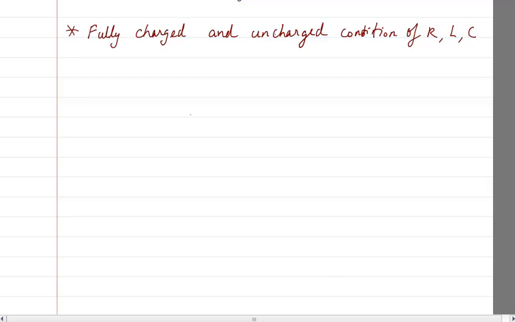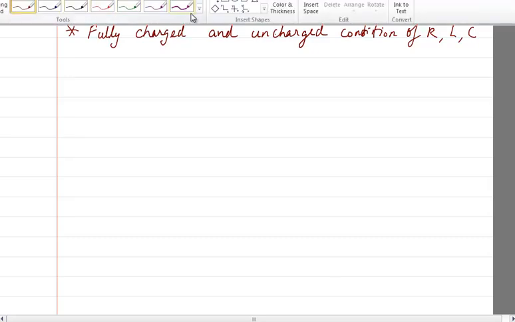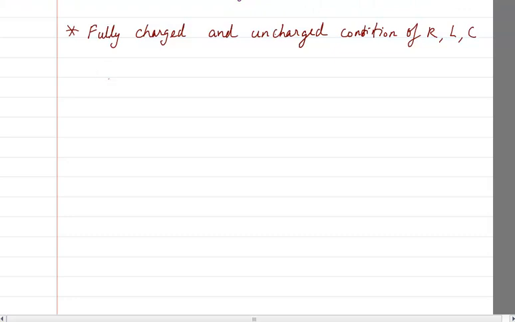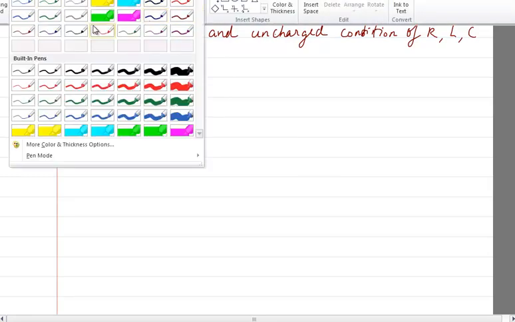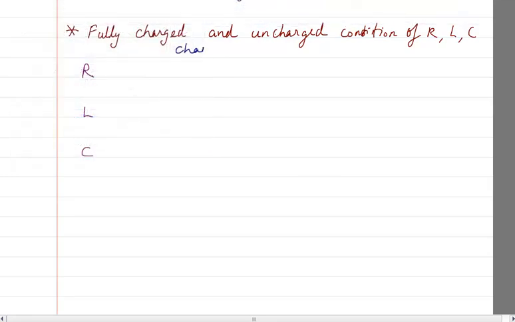See, this is something that you might have already studied, but it is very important to understand this concept of what happens to R, what happens to L, and what happens to C when it is charged. That means when it is charged, when there is some voltage or current already stored in it. What is it when it is uncharged?